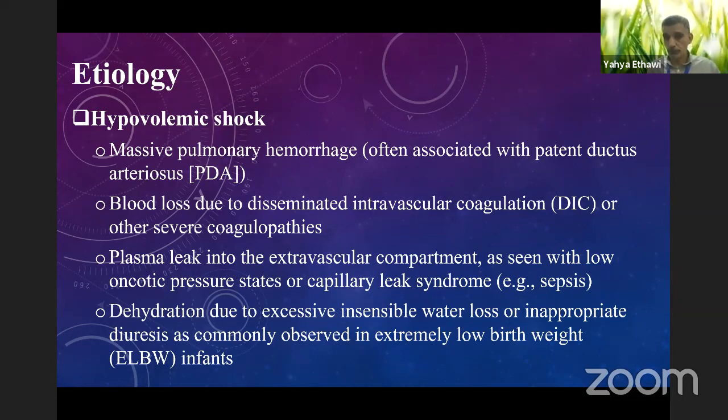Dehydration, either from inappropriate fluid giving or loss, and this loss can be insensible, such as from the lung during ventilation if you're not using proper humidification, or because of diuretics. This fluid loss can cause hypovolemic shock.